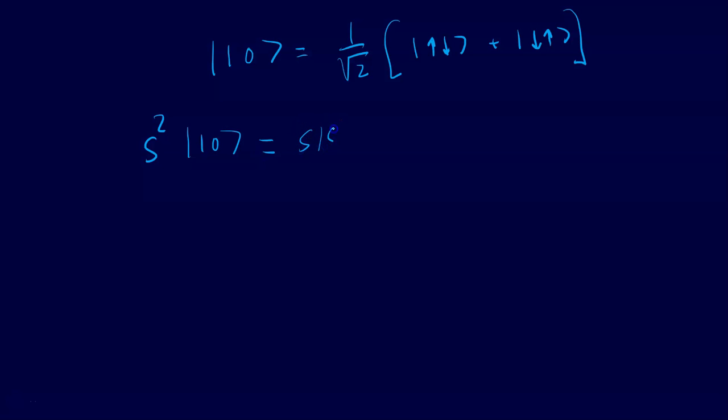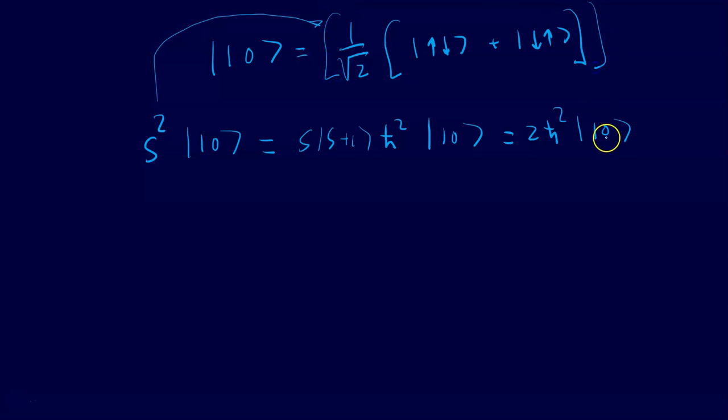Well, we get back s(s+1) times ħ², times |1,0>, which in our case for spin 1 will just give us 2ħ² times |1,0>. Now what we'd want to show is that S² operating on this second state over here gives us that same quantum number. It's going to give us 2ħ² times this.